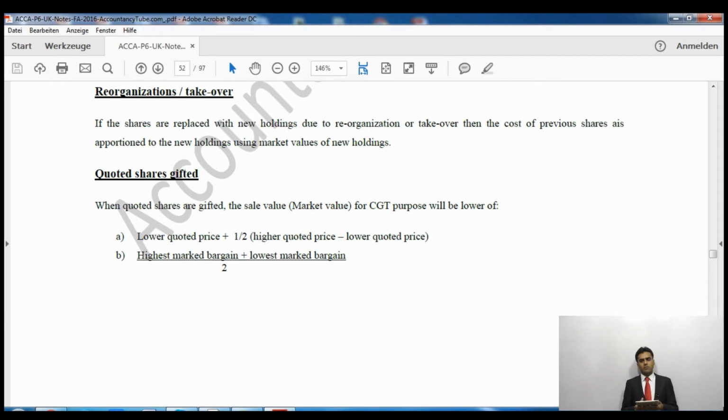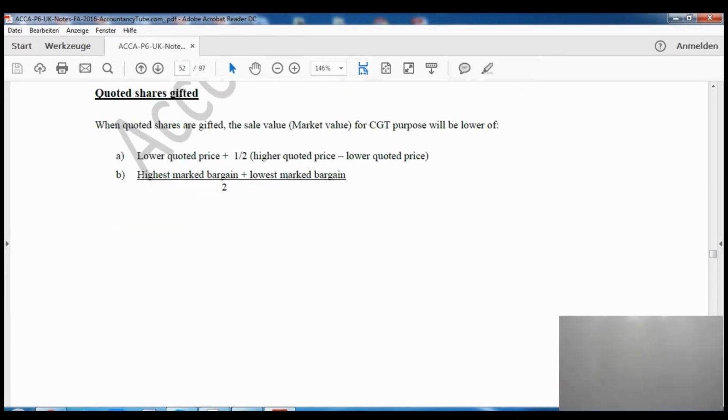Now when we hold the new shares of the company, our number of shares might increase, and it could decrease as well, depending on the market price of the shares. Sometimes the new company will give you cash as well as shares in their own company. It depends on different scenarios, but we will see a question on that, and please make sure you mark it as important. It is one of the important topics of ACCA P6 taxation.